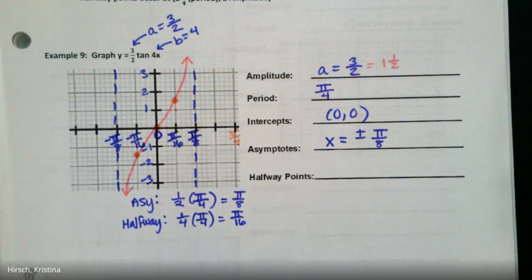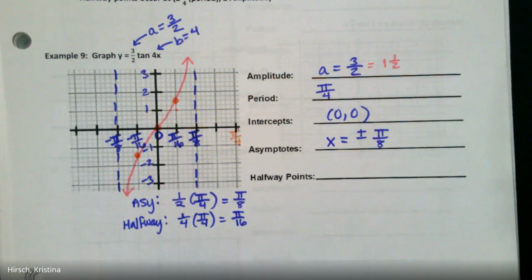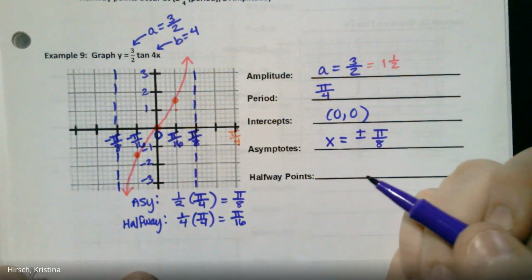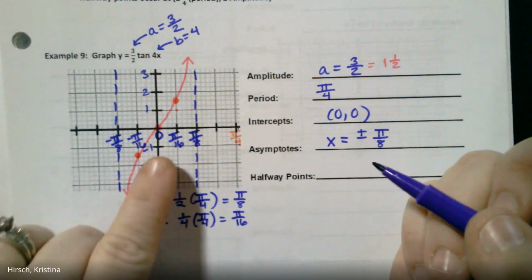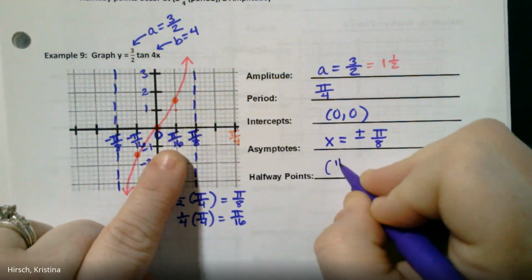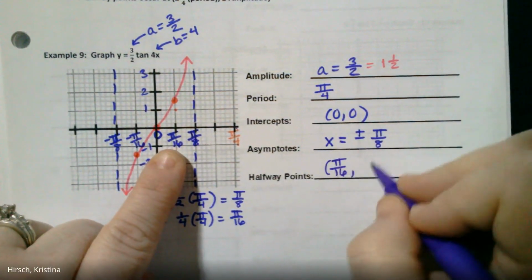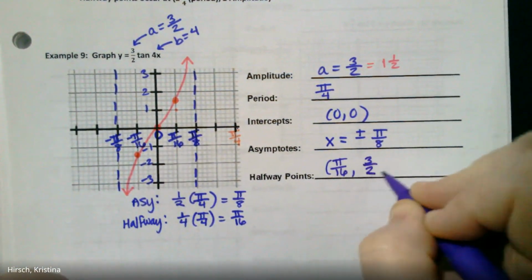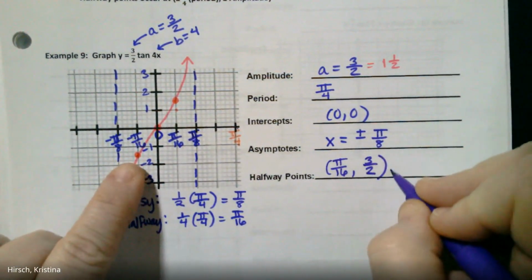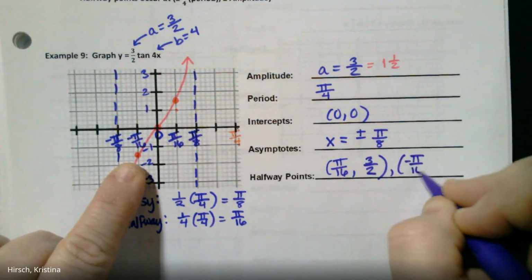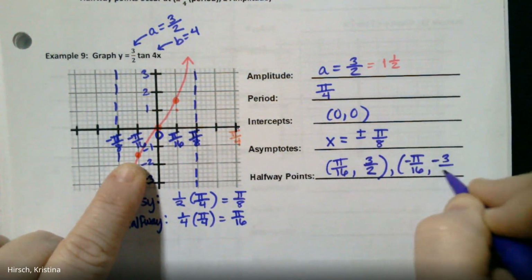It might be like x equals pi over 8 and x equals pi over 2 or something like that. My halfway points are actual ordered pairs. So I have a halfway point at pi over 16, comma, 3/2, and negative pi over 16, negative 3/2.